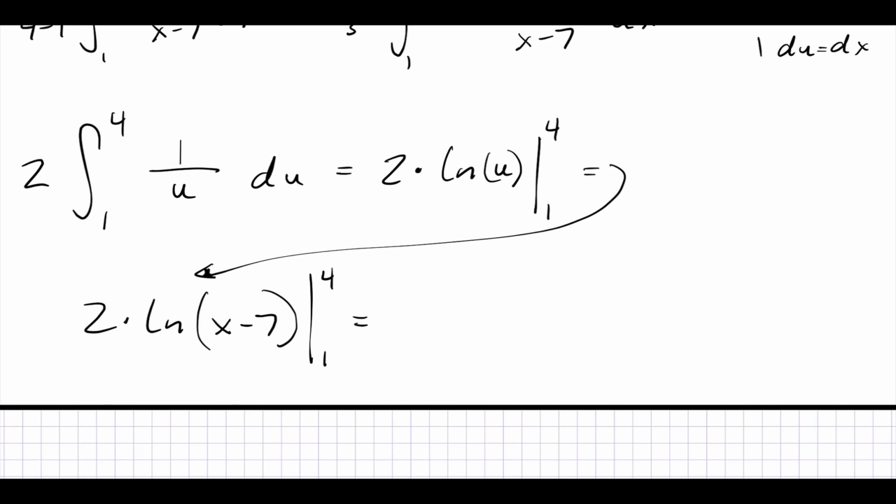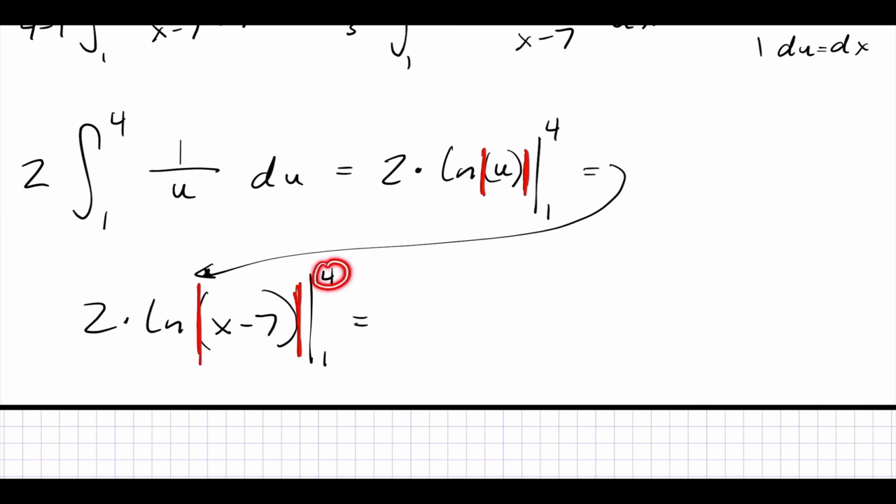Also remember, the bars are there. Anytime you do natural log, the bars are there. The only reason is that when I plug in a number, it may give me a negative, and we can't take the natural log of a negative number. If you don't believe me, use your calculator. If you try to take the natural log of a negative number, it's going to say error. So that's why the bars are there.